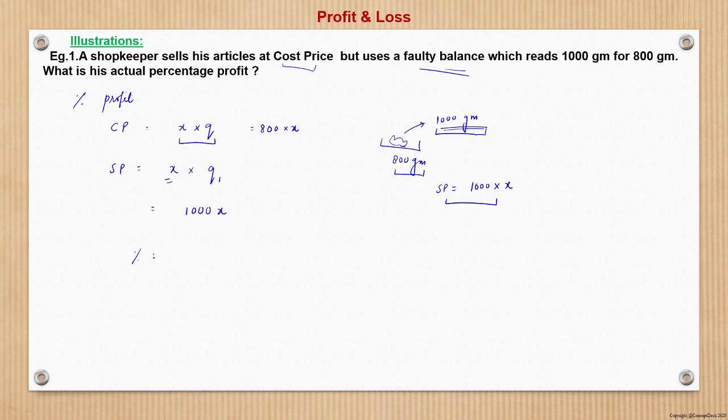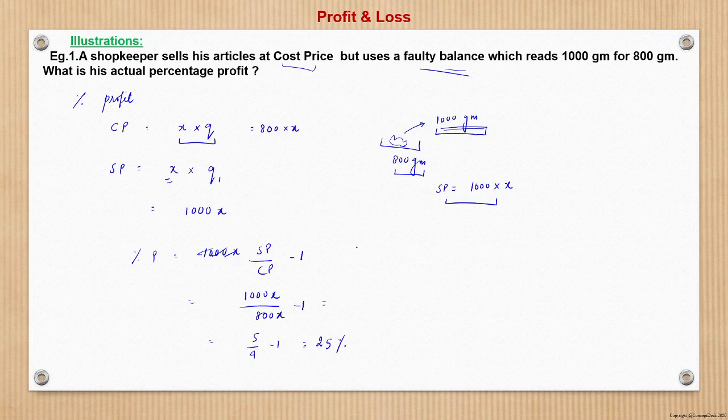So percentage profit will be nothing but SP upon CP minus 1, that we know. So this is 1000x upon 800x minus 1, which is 5 by 4 minus 1, which is 1 by 4, which is 25%. This is the answer to this question.